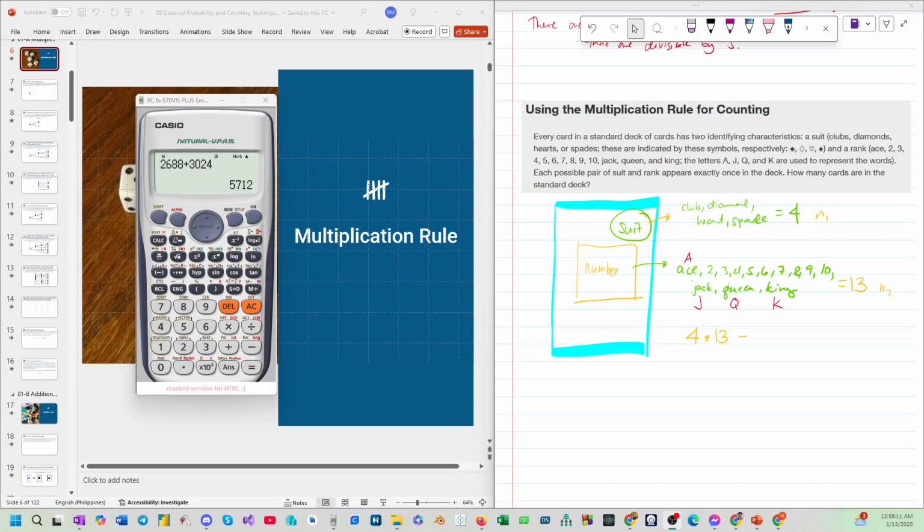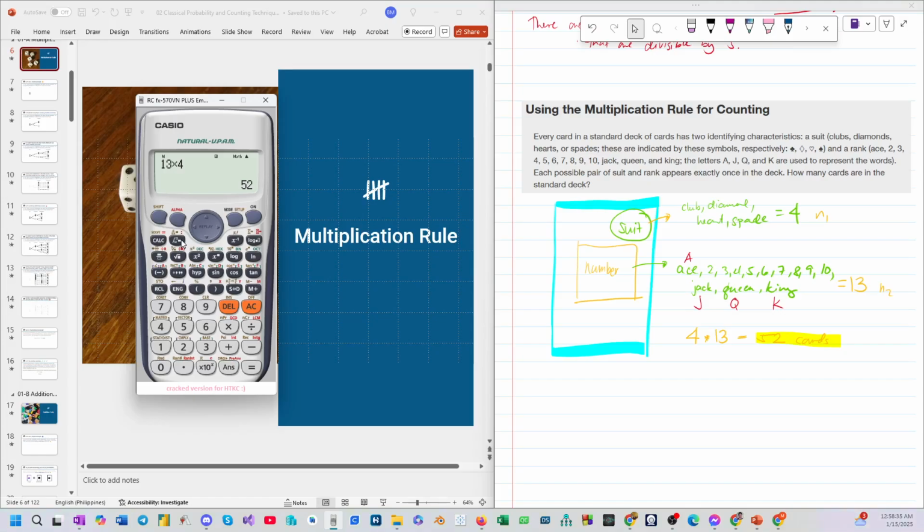So, you have 56. Tama. Ah, 52. Sorry. 52. So, 52 cards in a standard deck of cards. Yan. Alright? You have 52 cards. So, ganun ang bilang ha.